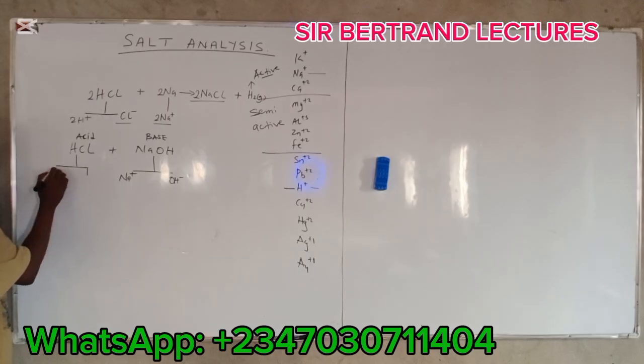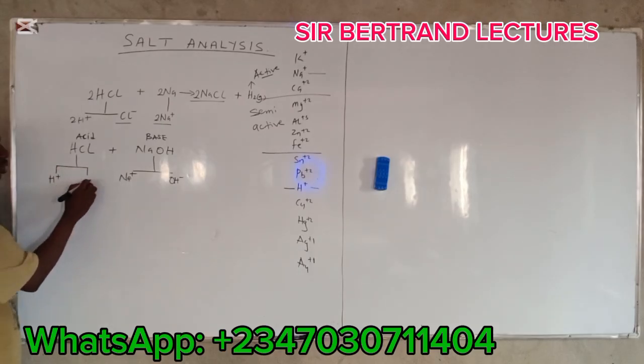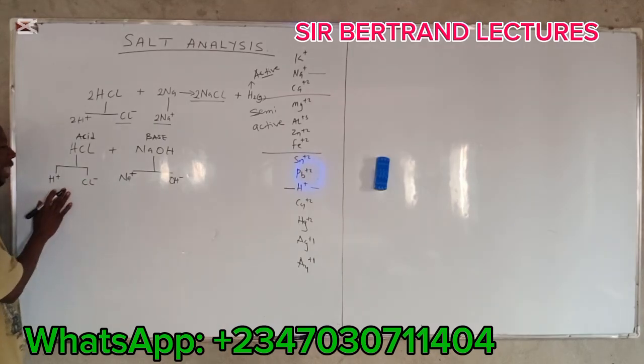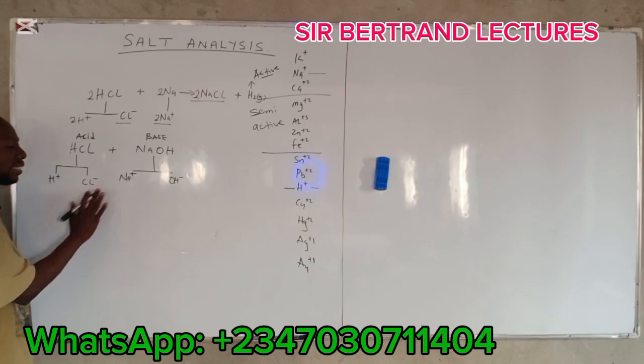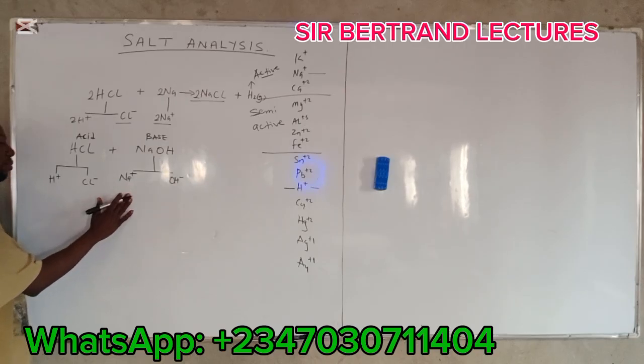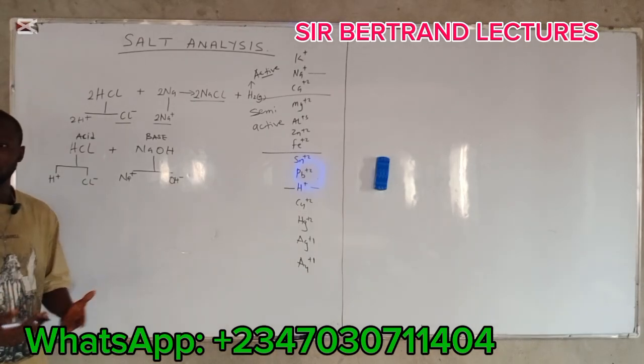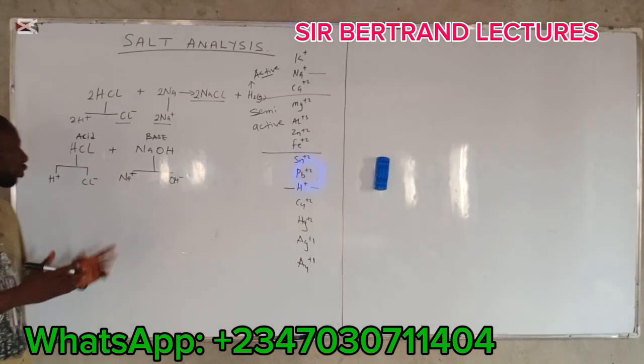Then here dissociates into ions too, all right? Here is hydrogen ion, then here is chloride ion. Now, the positive reacts with negative and the negative reacts with positive, all right? Because like charges repel while unlike charges attract.